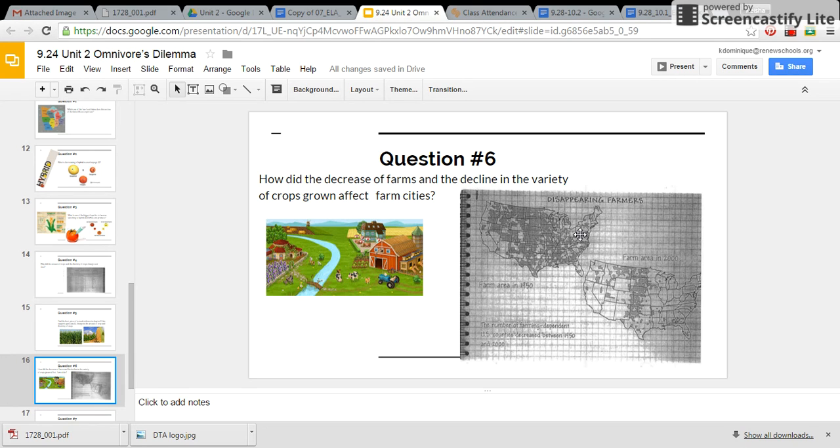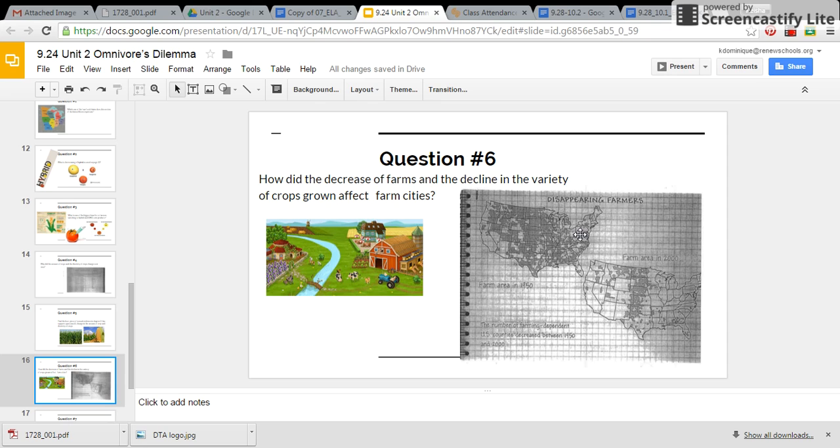One United States map shows the farm area in 1950, which is almost covered with dark shading. Then you see the other map, the farm area in 2000, which has very little dark shading, and most of that dark shading is in the Midwest section of the United States where most of the farms still exist.